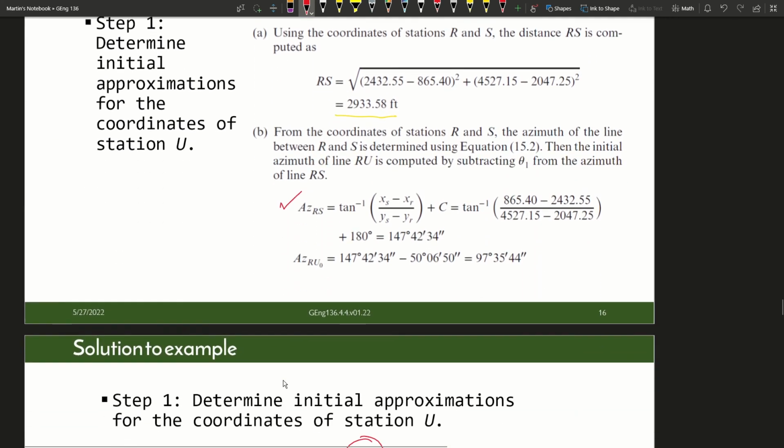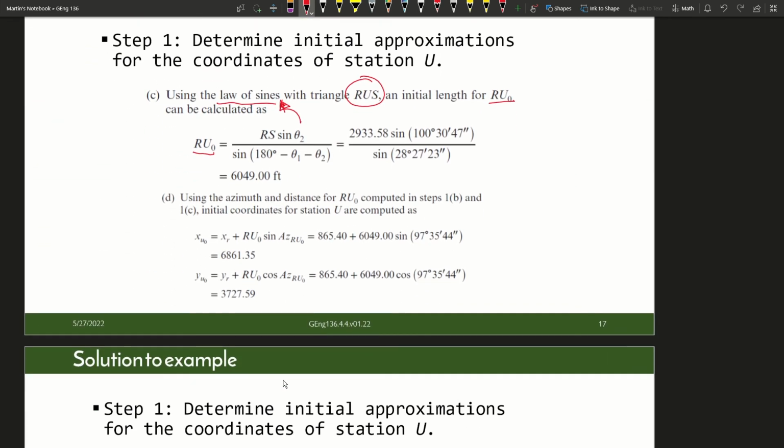So once you already have the components of the line U naught, the latitude and the departure, this is your departure and this is your latitude, right? Then you will arrive at the coordinates of the point.